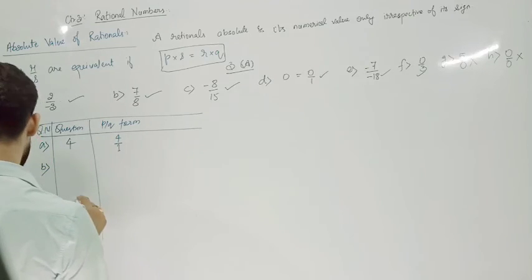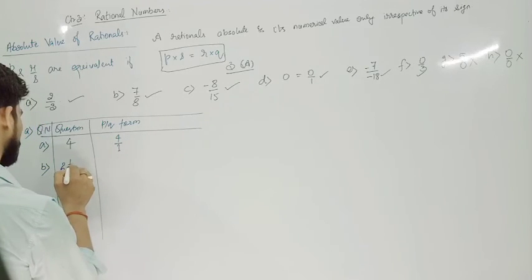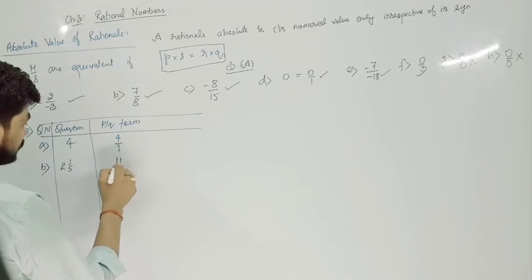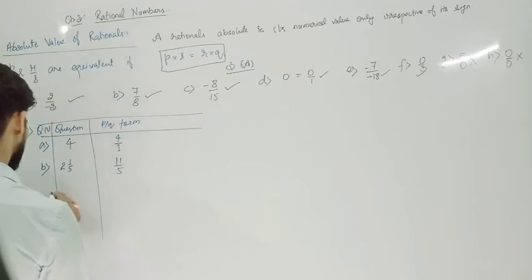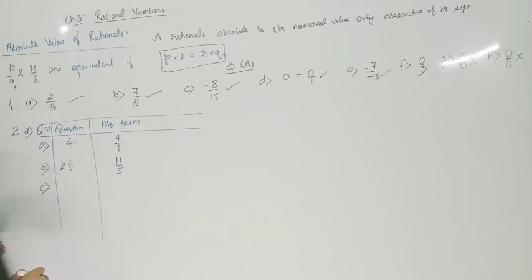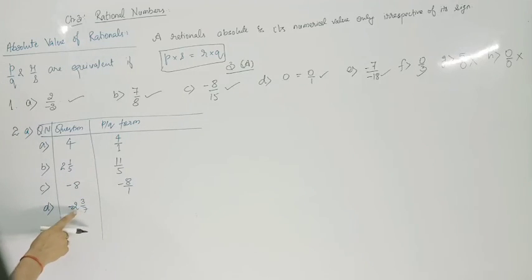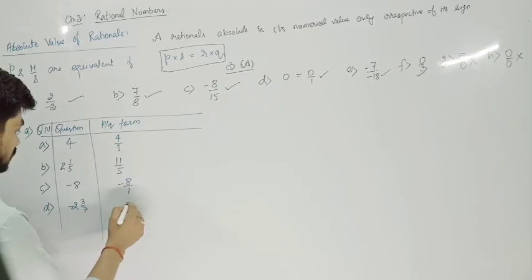B, 2 whole 1 by 5. 5 2s are 10 and 1, 11 by 5. This you know very well how to convert. C, minus 8. That can be written as minus 8 by 1. D, minus 2 whole 3 by 7. 7 2s are 14 and 3, 17.